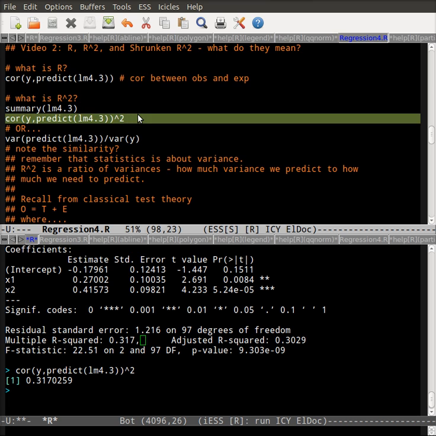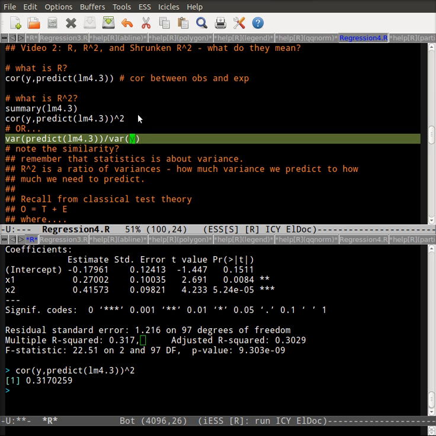That R squared is also a ratio of variances. Let me show you here that I have a ratio of variance specified in this model, where I have the variance of the predicted value divided by the variance of the observed value. You notice that the values I've calculated are identical.